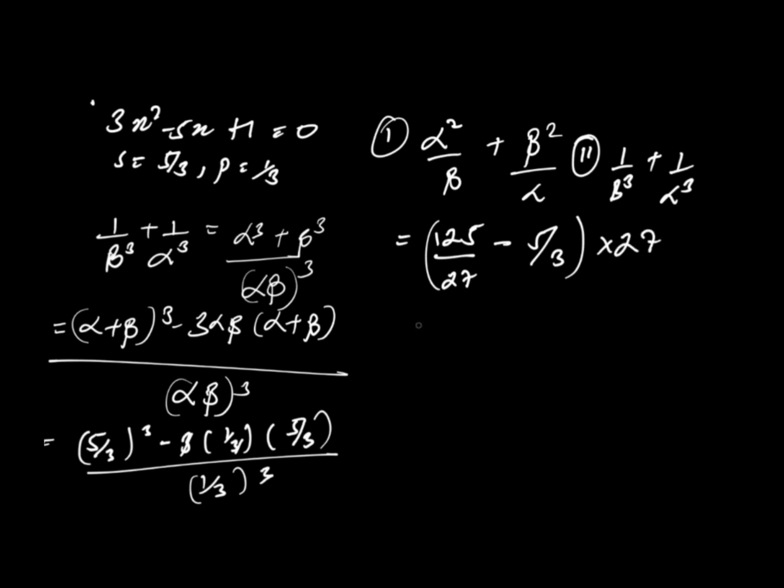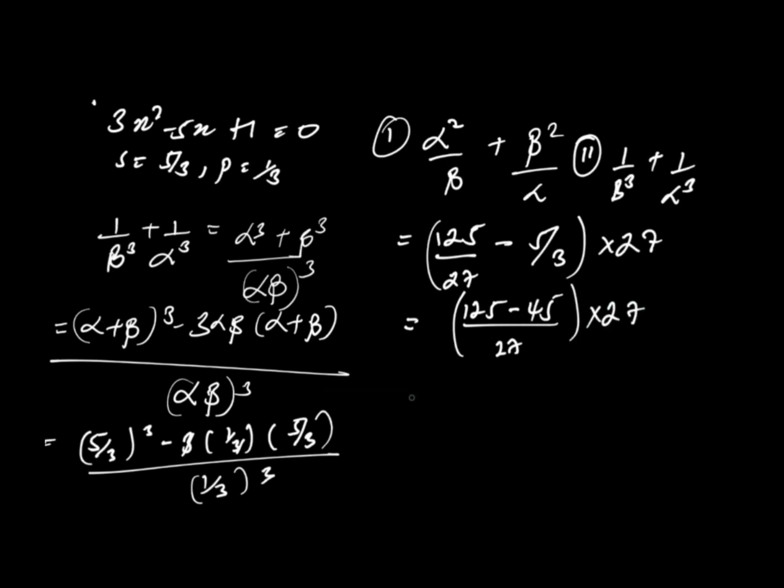So out of that, I'm going to say that we are having 27 as our LCM, and I'm having 1 to 5 minus, of which dividing this I'm going to get 45, close this and multiply times 27, and therefore this would be equals to, cancel this with this, so we are going to have 80 around here.